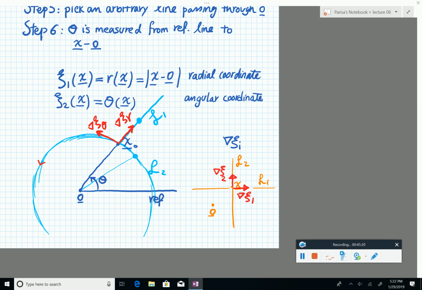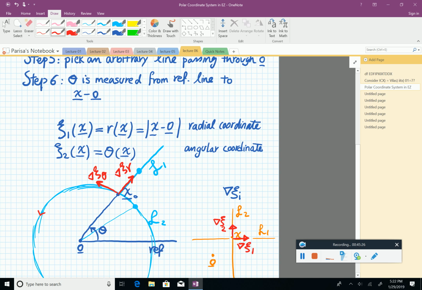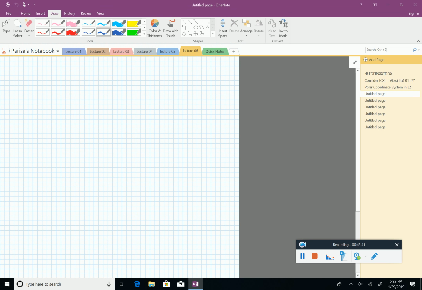Now in Cartesian coordinate system it was easy. The gradient was exactly equal to the unit vector. Here it's also easy, but it's not exactly that, without showing you the proof of why it is like that.